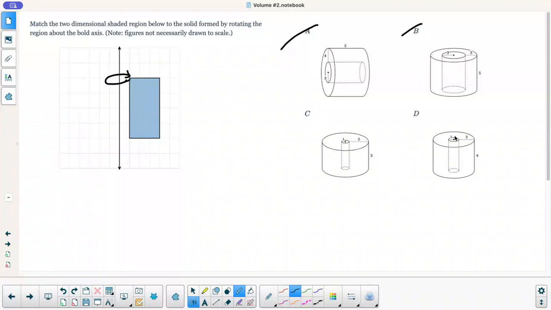So that's what I want, this one right here. Okay. And again, I can kind of match them up here. This hole of 1 matches with that. The height of 4 matches with that. And 3 right there is that outer ring.